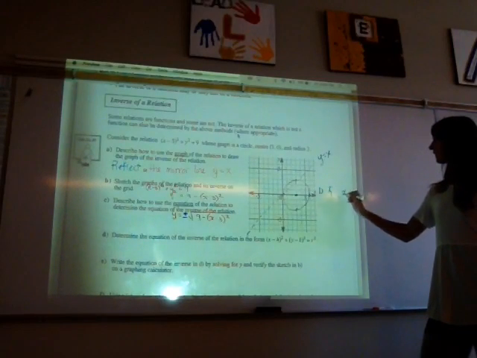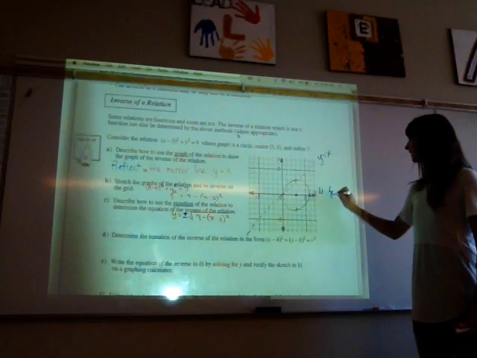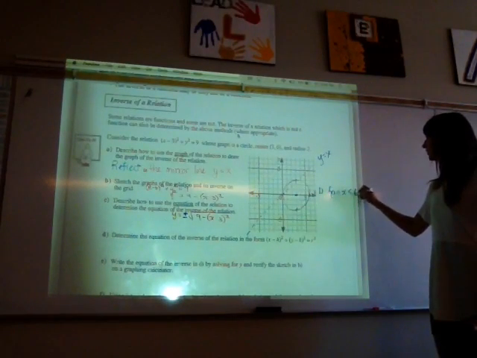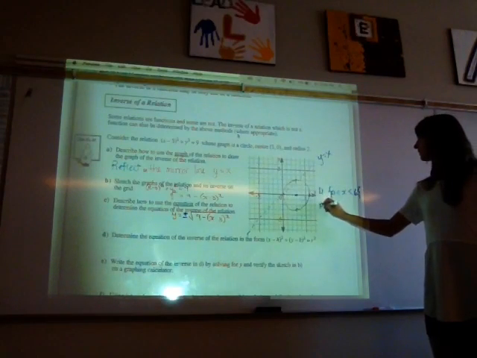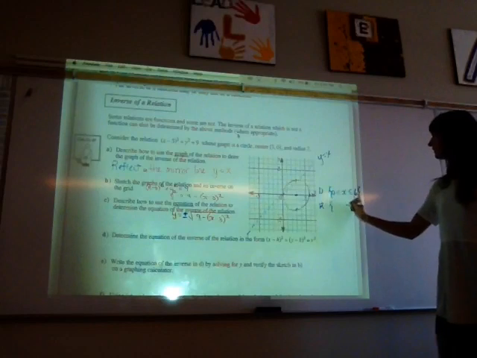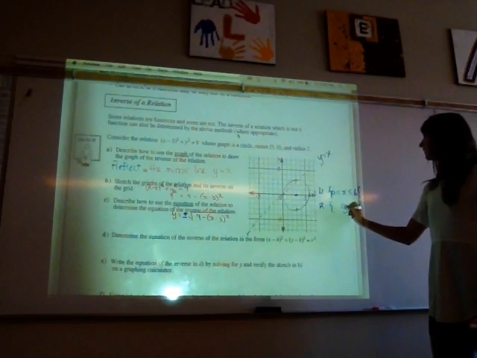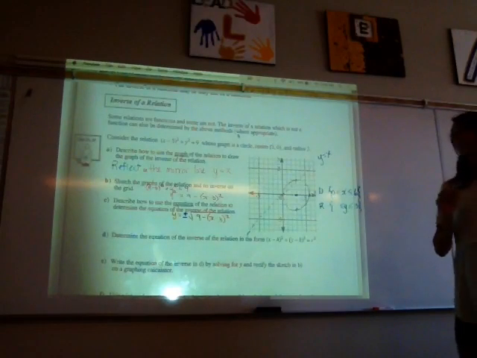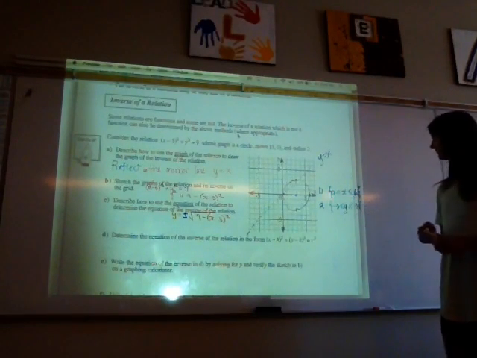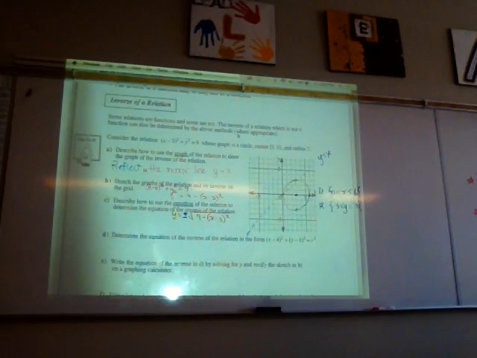Greater than or equal to 0 and less than or equal to positive 6. Good. Okay, and the range, the highest y coordinate will be 3. So it's less than or equal to 3. And the smallest y coordinate will be negative 3. So that's the domain and range from the original relation.